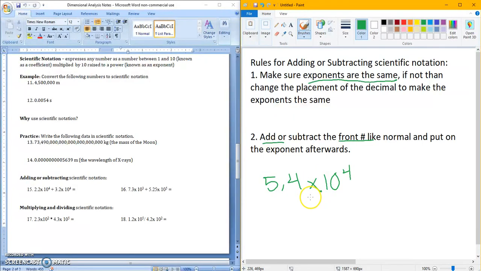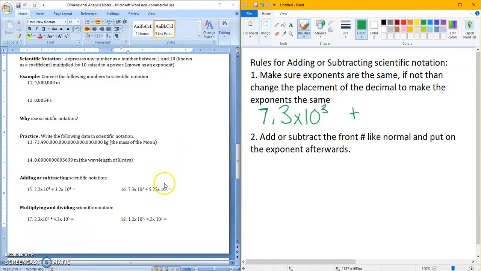No big deal. But what if it was like number 16, where the exponents are not the same? So I have 7.3 times 10 to the 3rd. Now I need to change that exponent to a 3. So what I'm going to do is I'm going to take the decimal and I'm going to move it 2 over, so that I now have 525 times 10 to the 3rd.